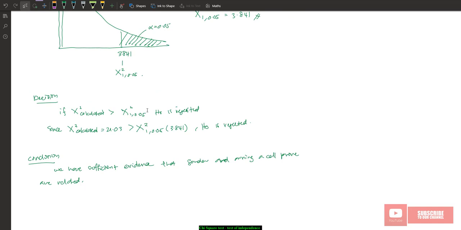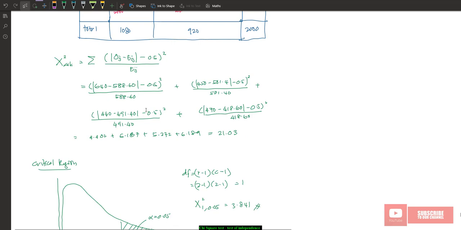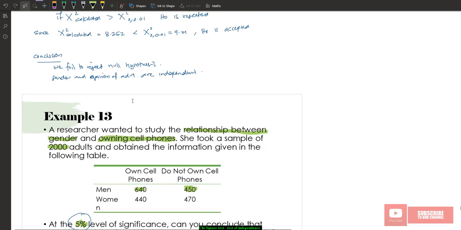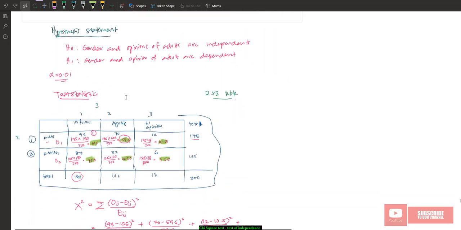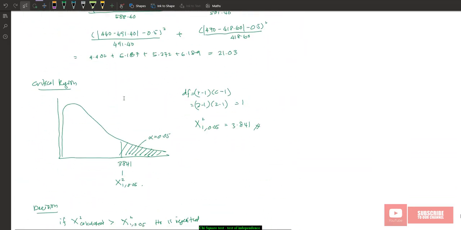In the first part, we learned the goodness of fit test, which tests whether the data follows a distribution, whether binomial or Poisson. And the last part is the test of independence. The test of independence is only for categorical variables, right? I think that's all.